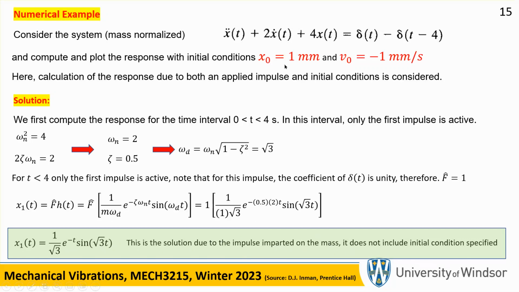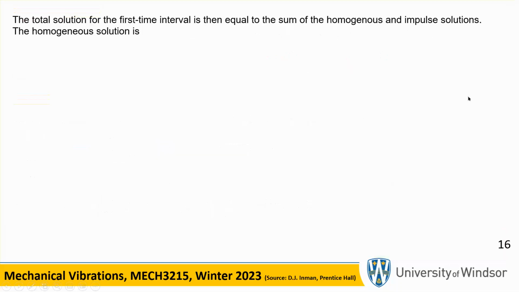It does not include the initial conditions. I have not used these two yet. Suppose I have the mother of all equations equal to delta t. What is the solution? It's going to be the impulse response function, which I wrote right there. This does not include that guy. Now, how do we find the solution?